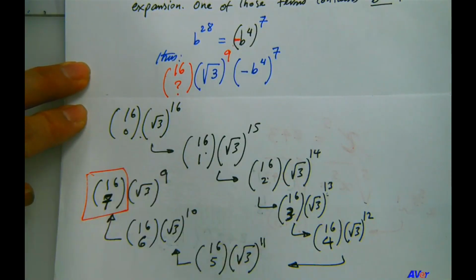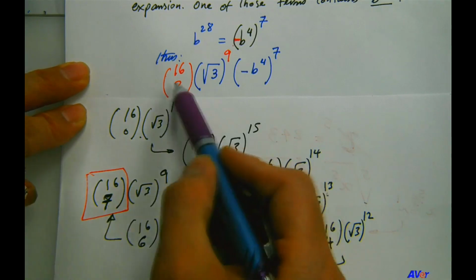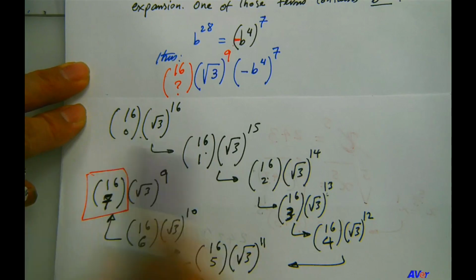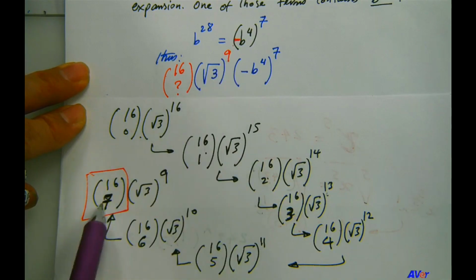There is an easier way for this, but I just wanted to show you this crude way without the formula, but there's a formula for finding any term of a binomial expression. We will get to that. So this question mark then is 7. We just listed each one to get to that, and it's 16 choose 7.